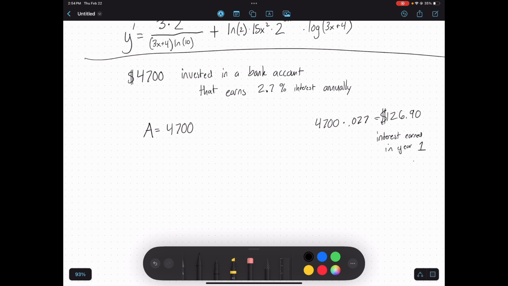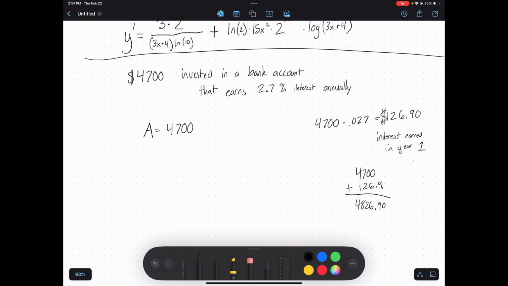Okay, that means after 1 year, how much total do I have in my account? Well, I would just do 4,700 plus 126.9, which is 4,826.90. So that's how much I have in my account after year one.